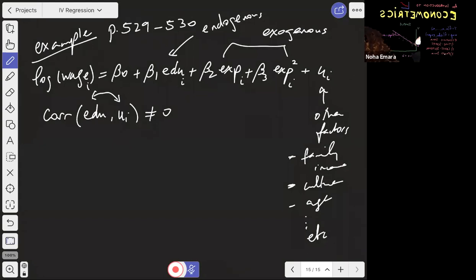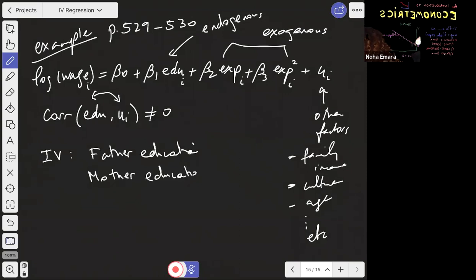So one of the instruments used in this model is the father's education and the mother's education. Okay, and the idea is there must be some connection, right?